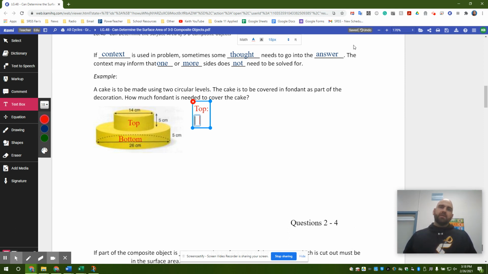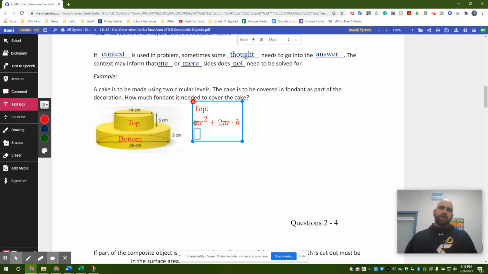To find the top, we do pi r squared. And to find the lateral area, that's the circumference, 2 times pi times radius, and then we multiply that by the height or the length of our cylinder. In this case, it's the height.